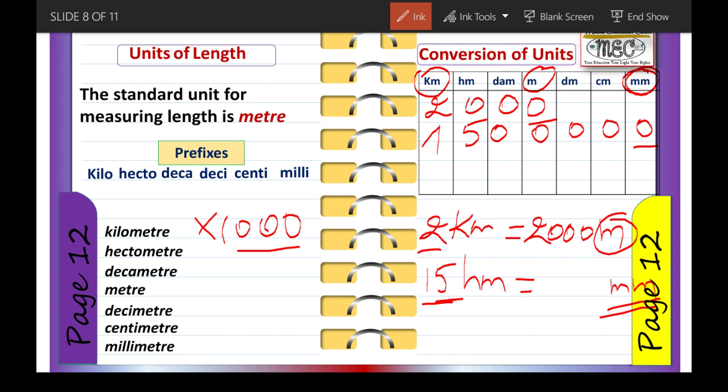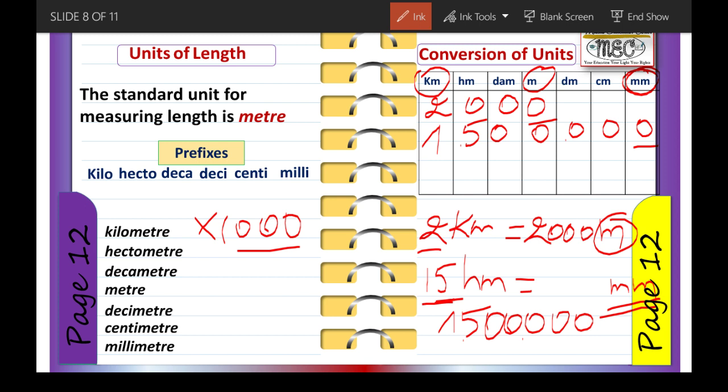So 15 hectometers is equal to 1,500,000 millimeters. As a reminder, you must keep in your mind that when you are converting from larger unit to smaller units, always add zeros. After filling in the table, start adding zeros. That is the first case.